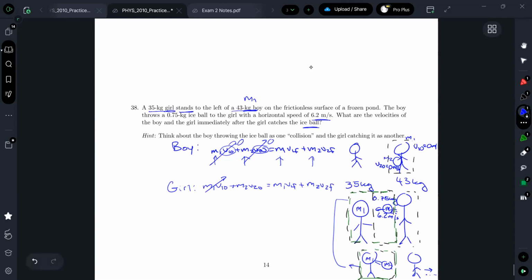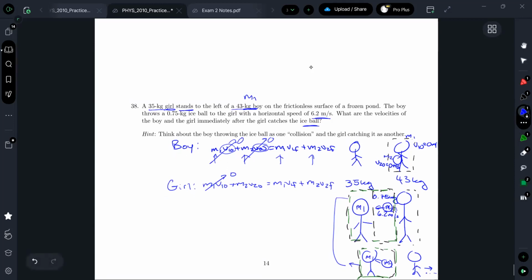The girl's initial velocity is 0. She's just standing there, so her initial momentum is 0. And so we just need to figure out what's going on with the rest of this.